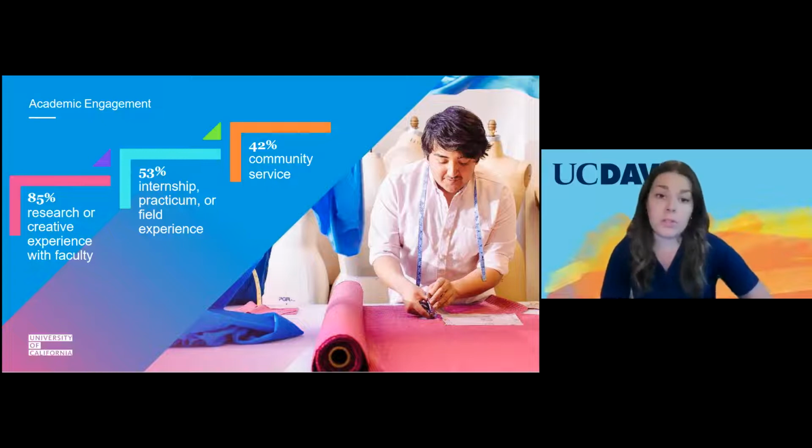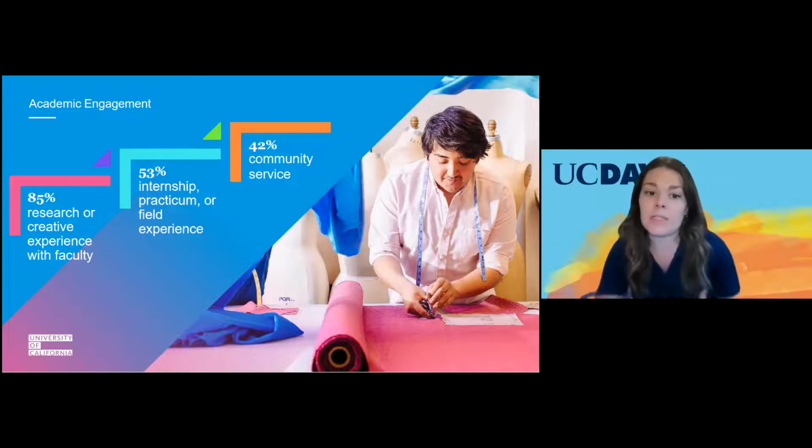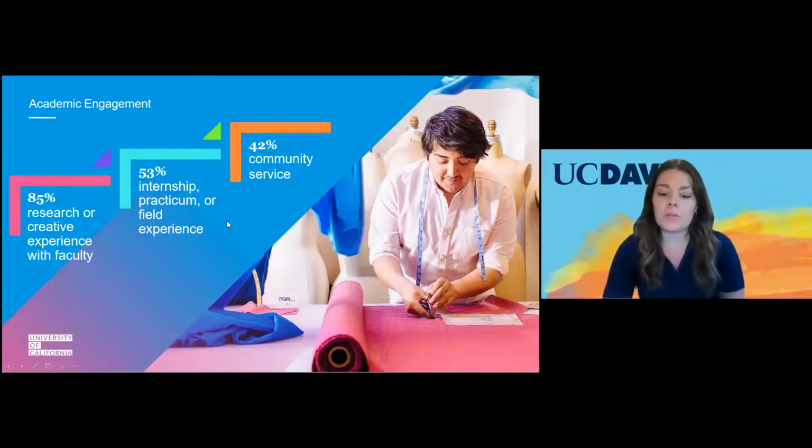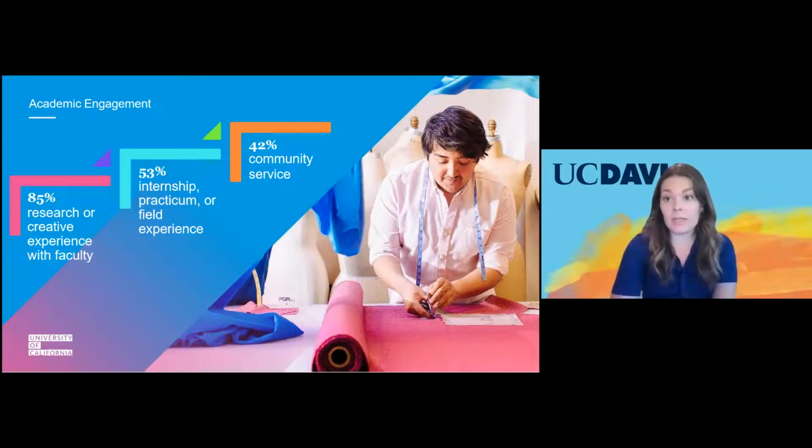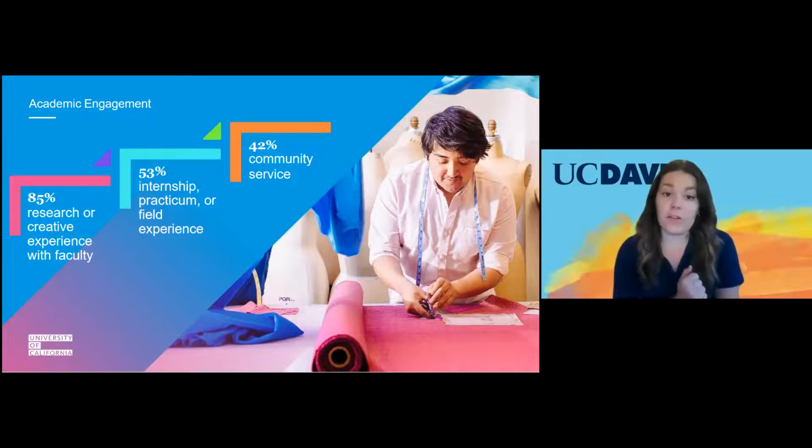This could be one student doing all 3 of these things or different students focusing on 1, maybe 2 of these areas. So lots of ways for students to get involved, however that looks for them and whatever field they're studying. In some situations, research may not make as much sense, and they want to explore, for example, a practicum or other sorts of experience, or potentially service may be more down that student's alley.